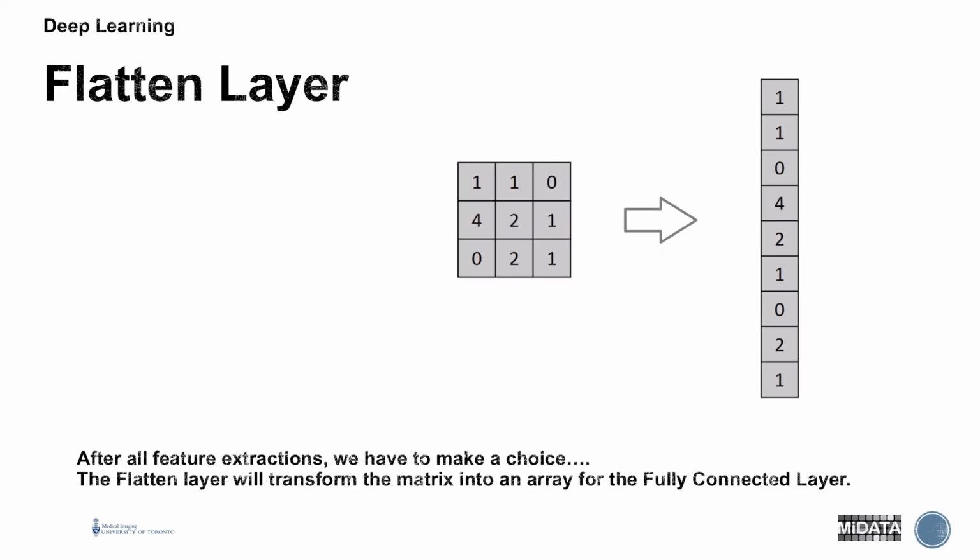Now, once we have all the feature extractions, that's a lot of information, and we are going to need to make a choice. We need to decide on the classification. We need to make that prediction. And we will do this by using a flatten layer, which will transform the matrix that we're currently working with into an array for the fully connected layer, which is the last output layer.